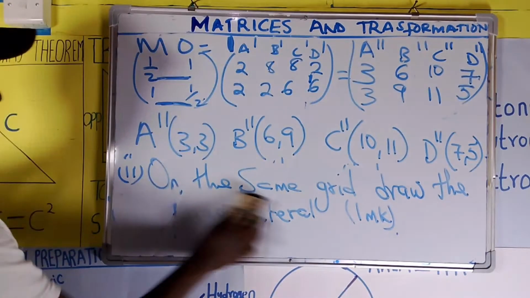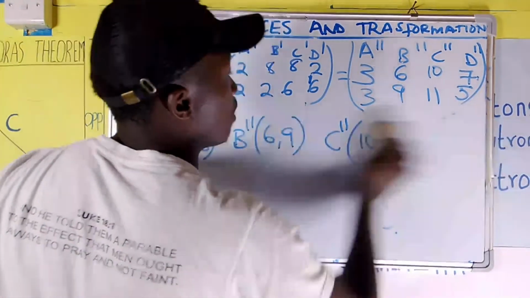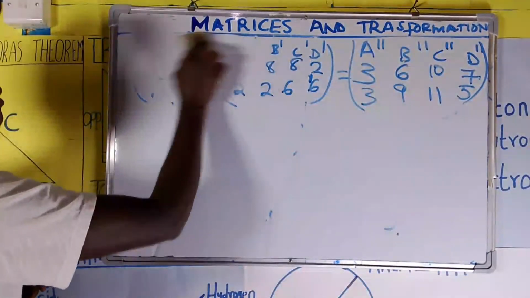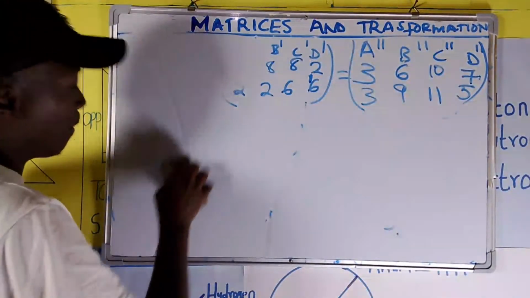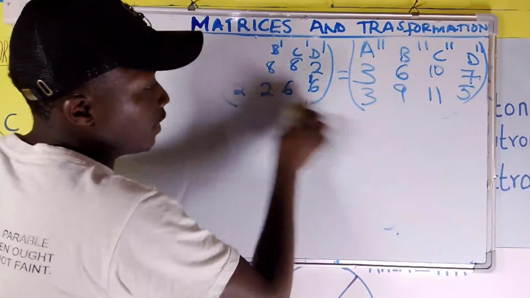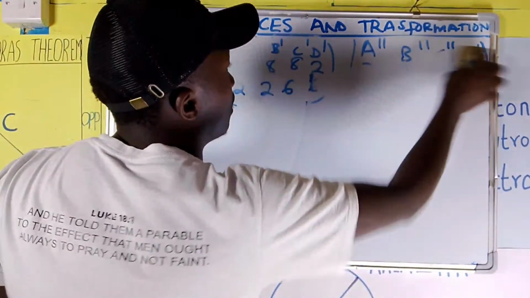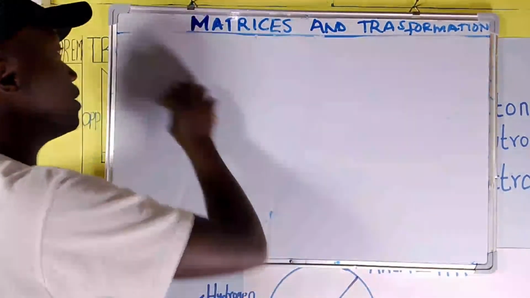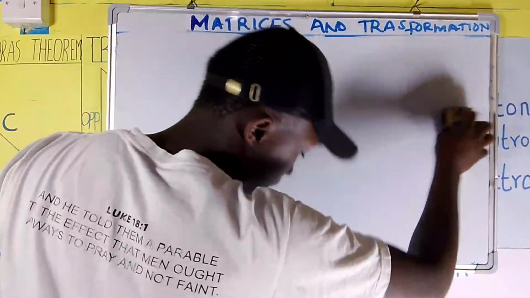Haya, so that is how we find the image given the matrix of transformation and the object.